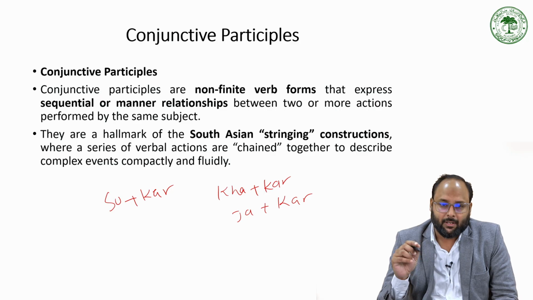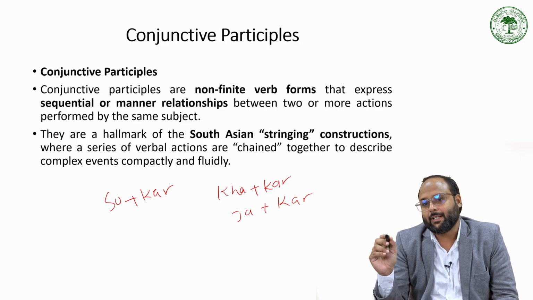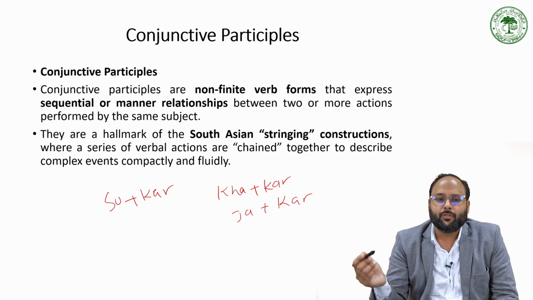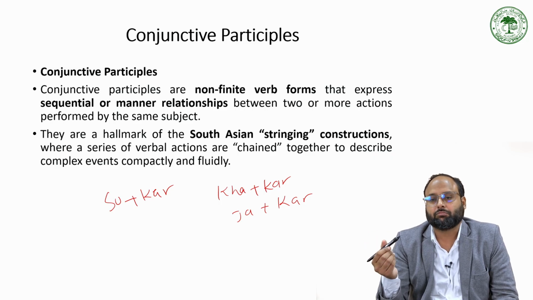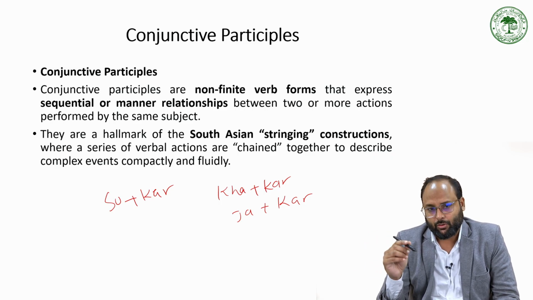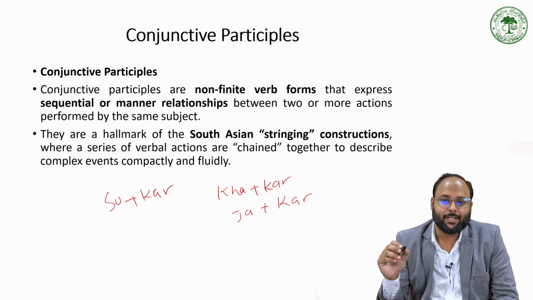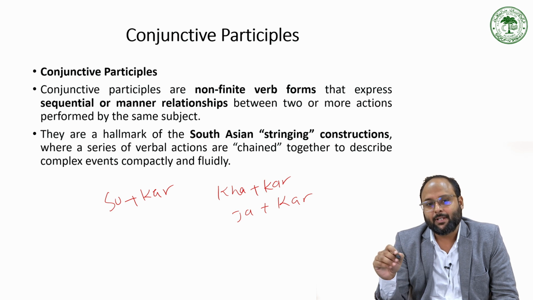They are a hallmark of the South Asian languages, a South Asian feature. There are lots of features of the language, and the conjunctive participle is one of them, where a series of verbal actions are chained together to describe a complex event compactly or fluidly.